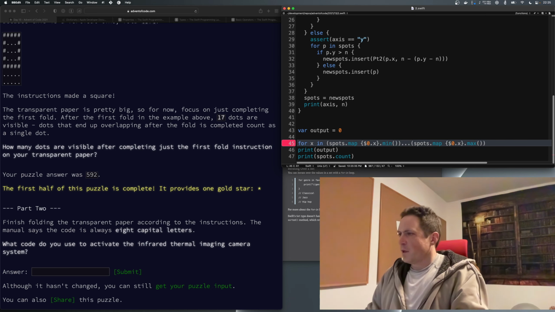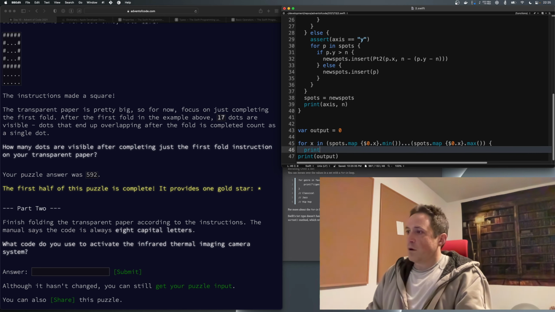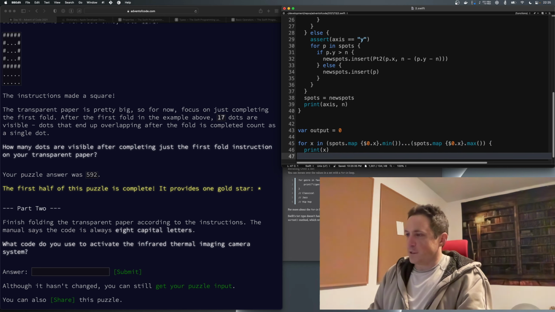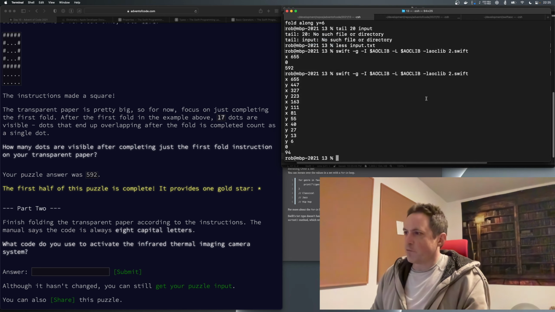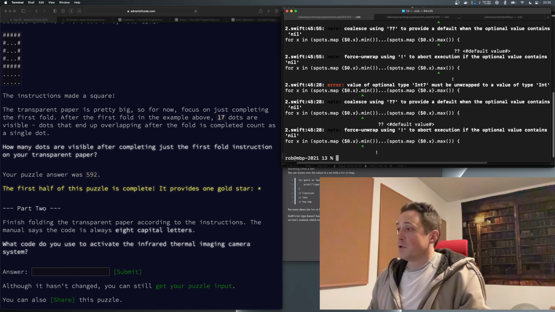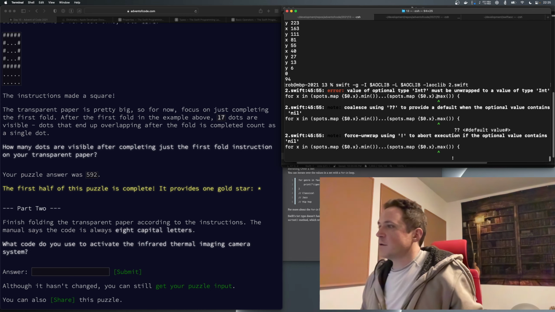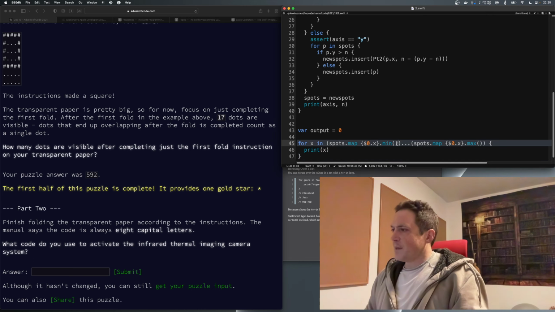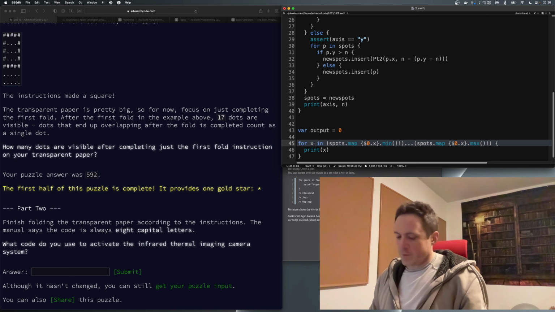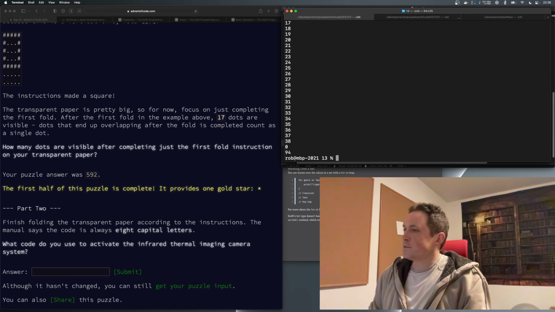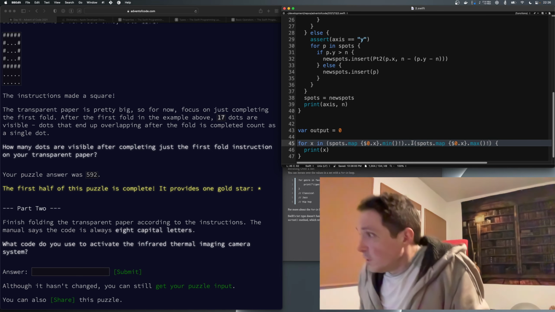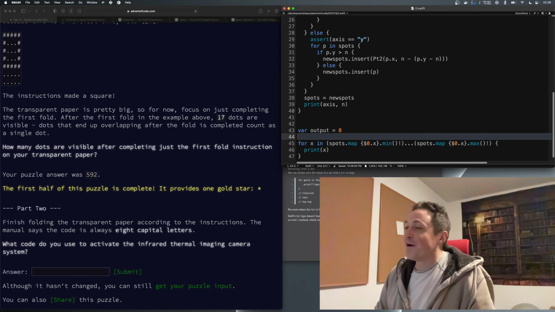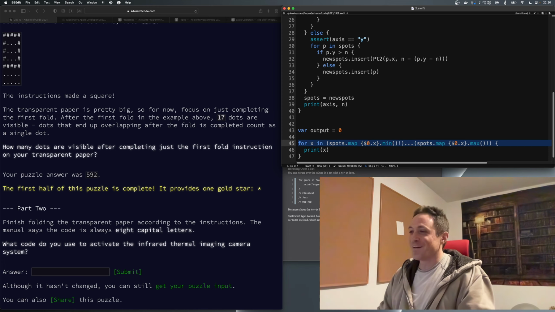Yeah. Well, let's just see if this logic works before we write a while loop. Oh, our min and max return optionals because you can call them on empty sequences. Okay. We are very slowly creeping up on this.